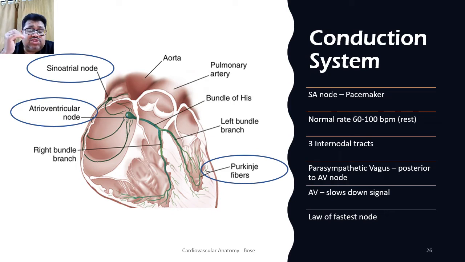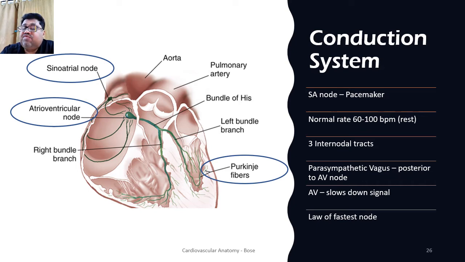Behind or posterior to the AV node, there are many parasympathetic autonomic ganglia that serve as receptors for the vagus nerve, and the stimulation by the vagus, being a parasympathetic, is to slow the cardiac cycle down.